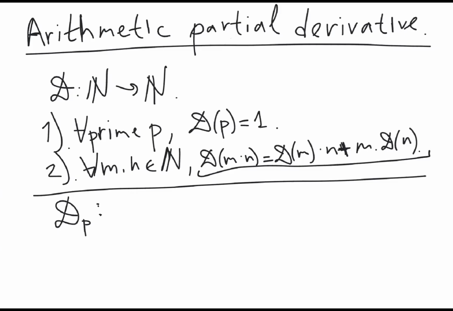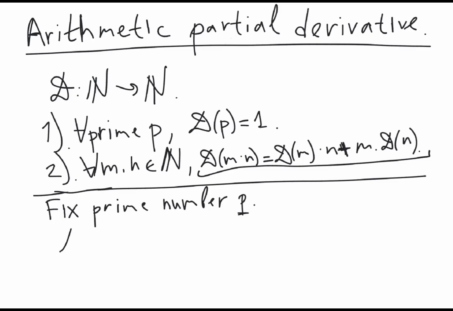So let's fix some prime number p, and the partial derivative would be with respect to this prime number p. This is the parameter that we fix in advance.